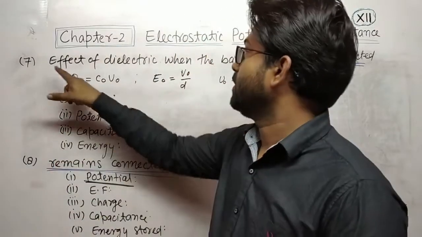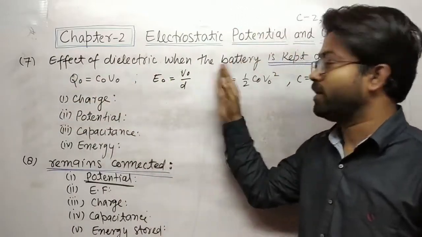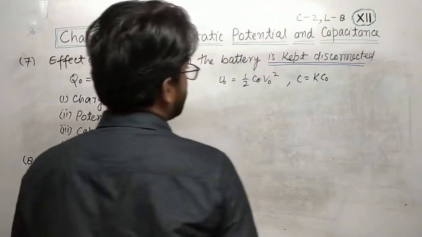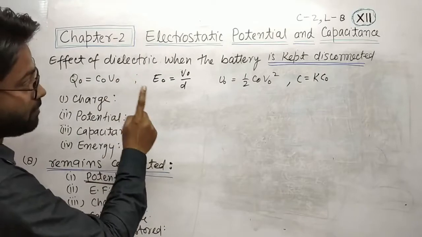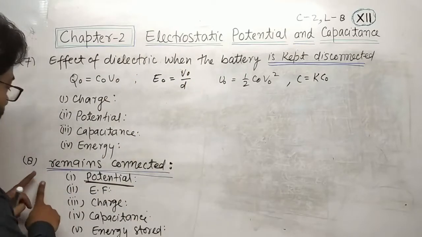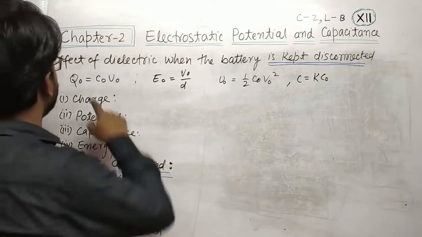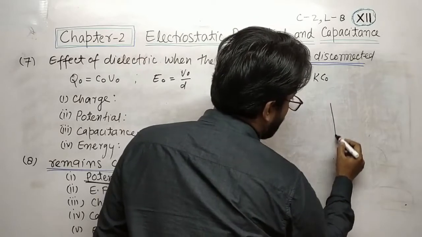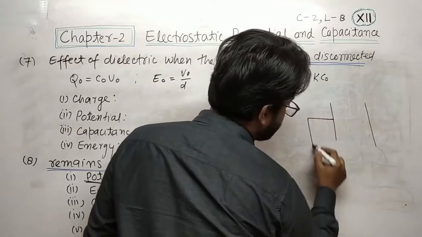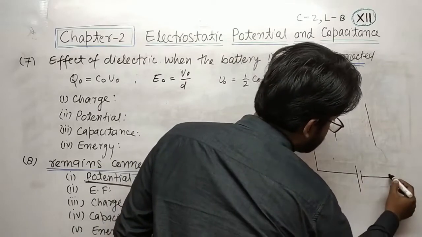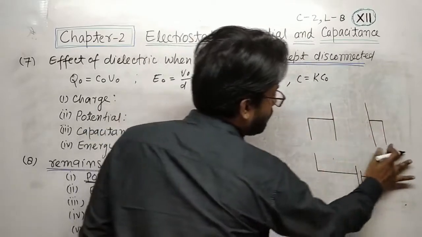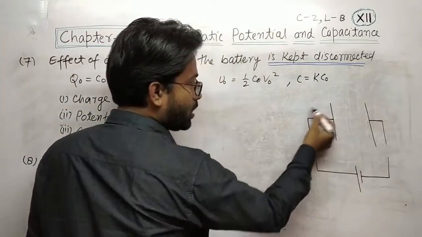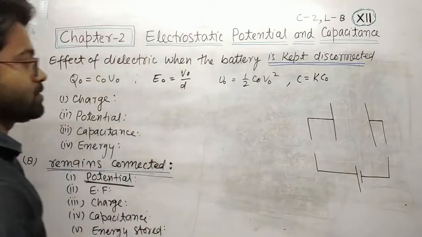Now the next point is the effect of dielectric when the battery is kept connected, and the next is when the battery is disconnected. Seventh point is the effect of dielectric when the battery is disconnected. When the capacitor is disconnected from the battery, meaning there is no path or the circuit is open, charge cannot flow through the capacitor.